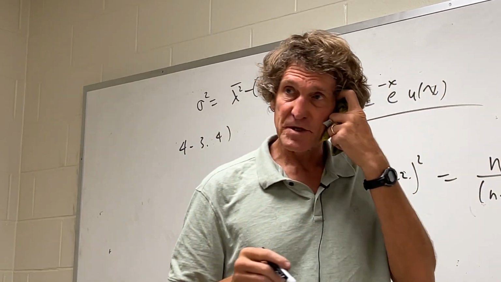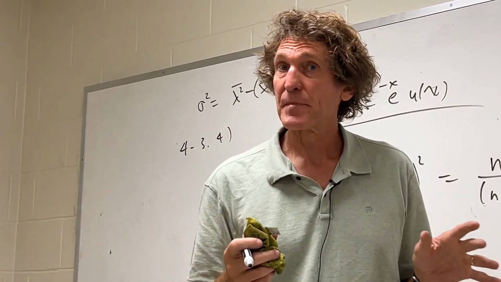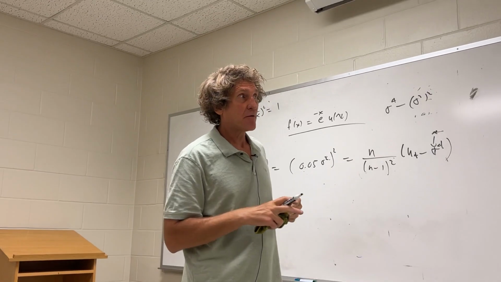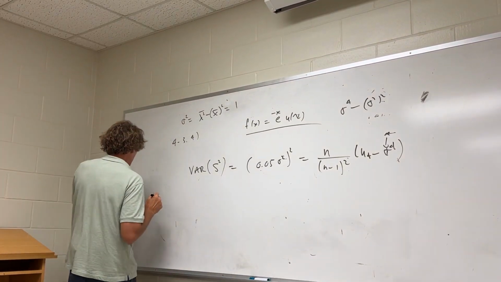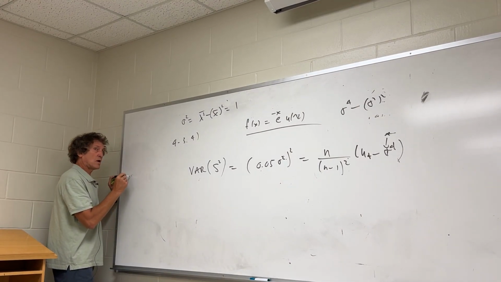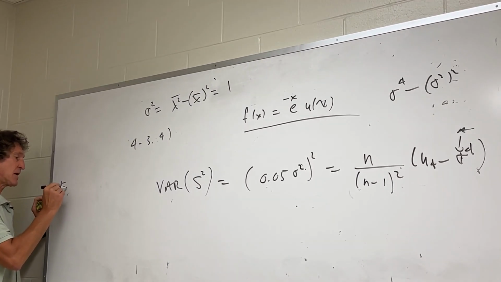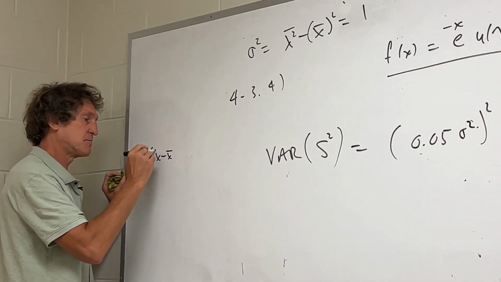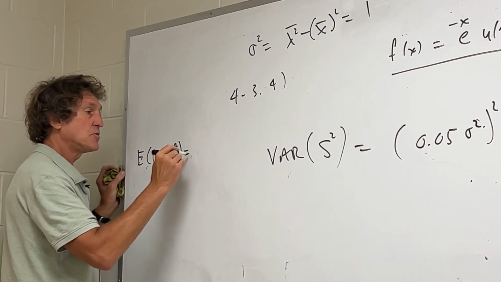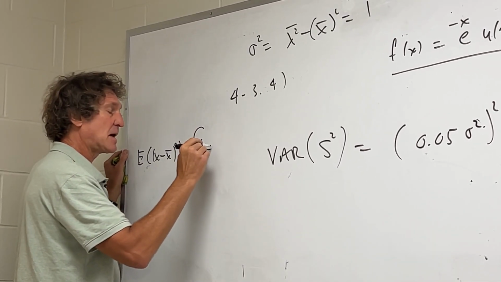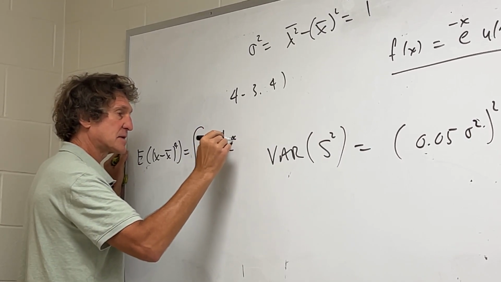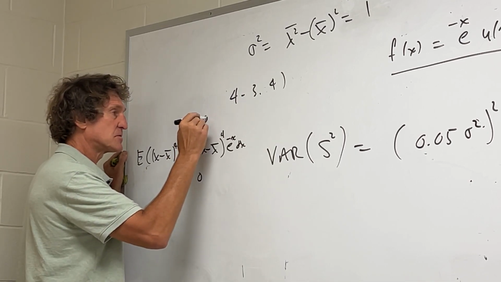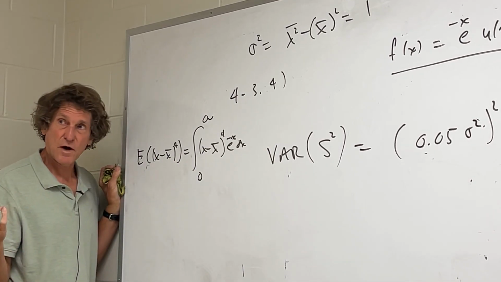Now we need this fourth central moment. You can do it a couple ways. I want you to listen to me on this one. If I want the fourth central moment, I did it both ways. If you have a calculator and you want the central moment, the expected value of (x minus x bar) to the 4th power, you could take the integral of (x minus x bar) to the 4th power times e to the minus x dx from 0 to infinity, and that x bar is just 1, right?